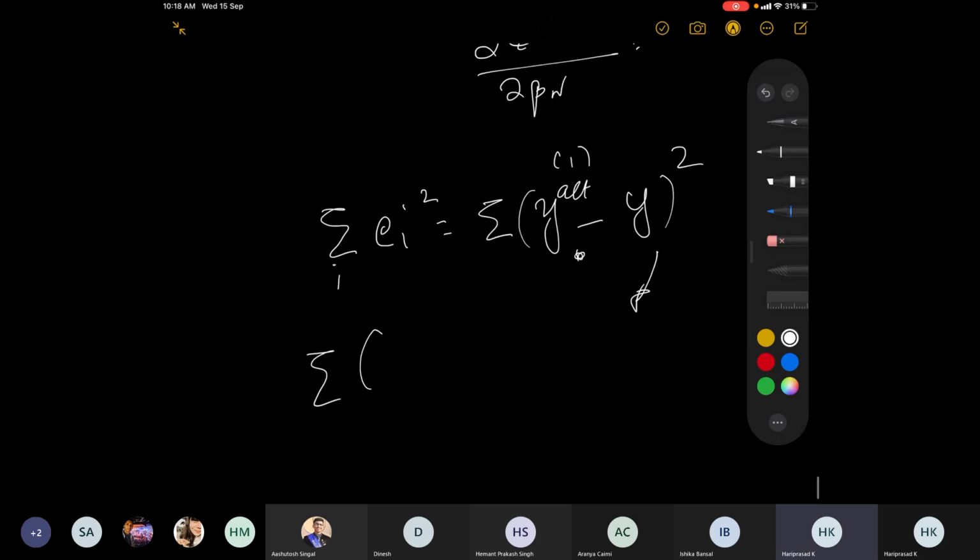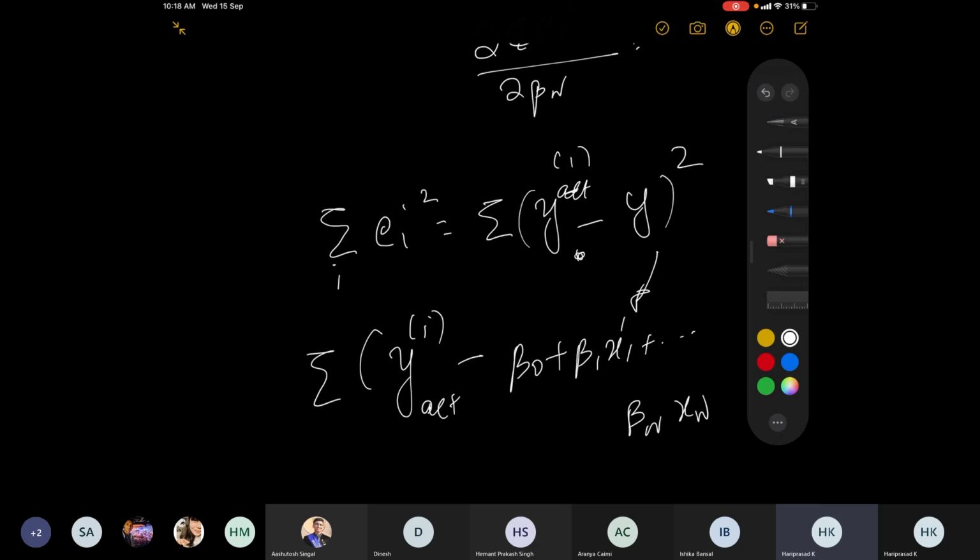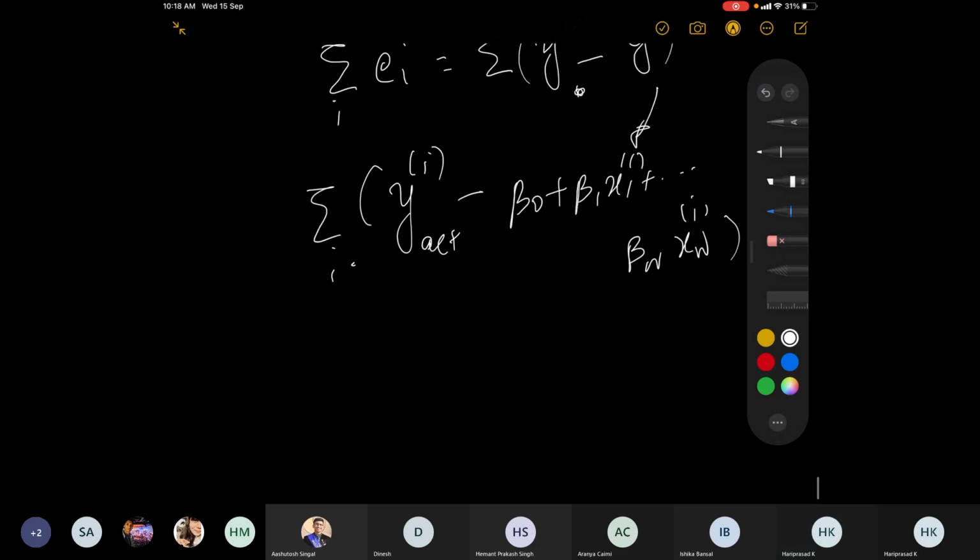Let me start writing y actual on the down just to make it more clear. And what is your y? It is beta naught plus beta 1 x1 till beta n xn. And you should put an i on the top because this is for the ith sample, and your summation is for all i. Okay, and of course there is a square over here.